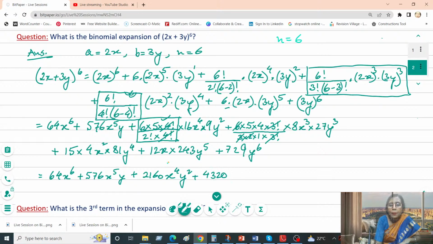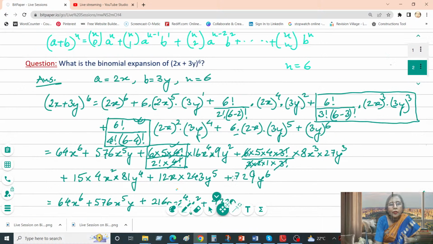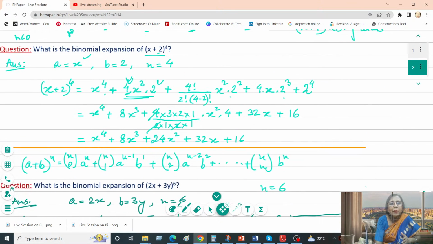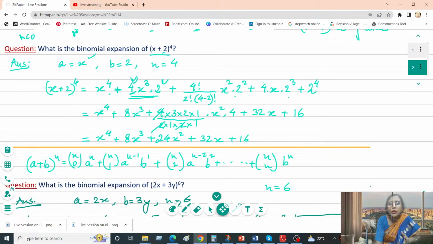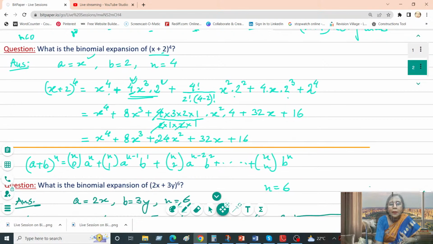Of course, in a paper one, you will not be getting these huge numbers. They will be giving manageable powers, which can be found out manually. So the first one was a question which can be taken as a paper one question because the powers were really reasonable.